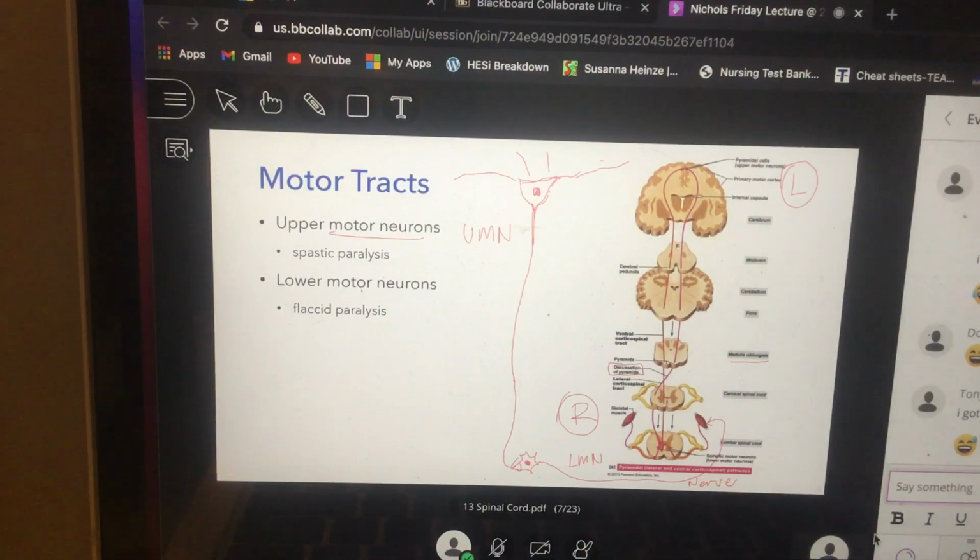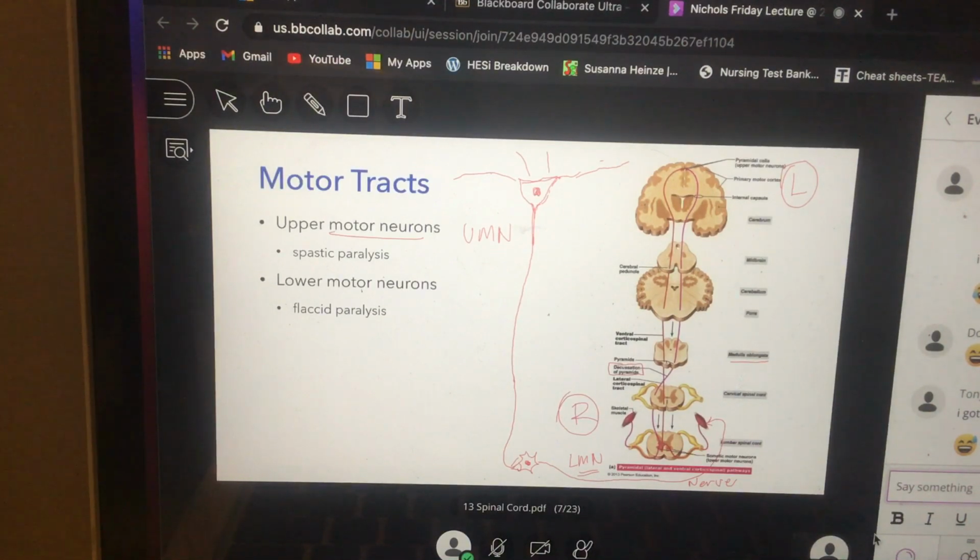So when you want to flex, for example, your deltoid on your shoulder, the nerve that goes to that muscle is called the axillary nerve, and that nerve is a bundle of tens of thousands of axons that are really mostly just lower motor neurons coming from the spinal cord to the various different muscle fibers of that deltoid muscle. And that's true for every skeletal muscle.